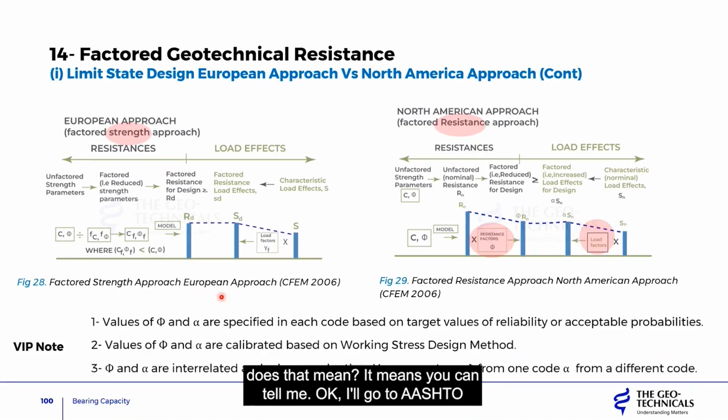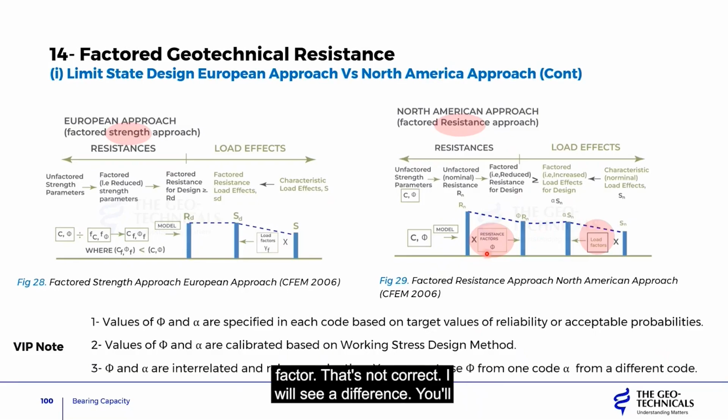What does that mean? You can't say, okay, I'll go to AASHTO and get the loads, and then I'll go to the Canadian Highway Bridge Design Code, CSA, and get the resistance factor. That's not correct, and you will see a difference between the factors for the loads, alpha, and the factors for the resistance, phi, in both the Canadian Highway Bridge Design Code CSA S6-19 and the AASHTO 2020 Bridge Design Code.